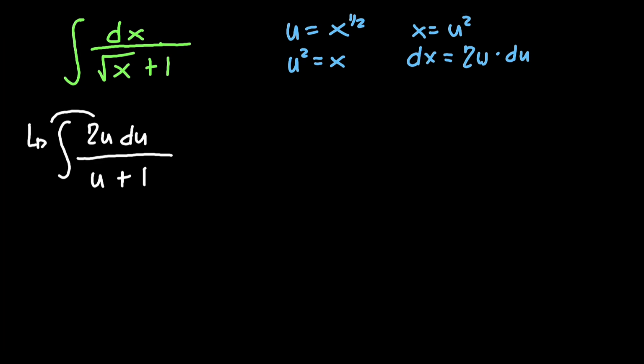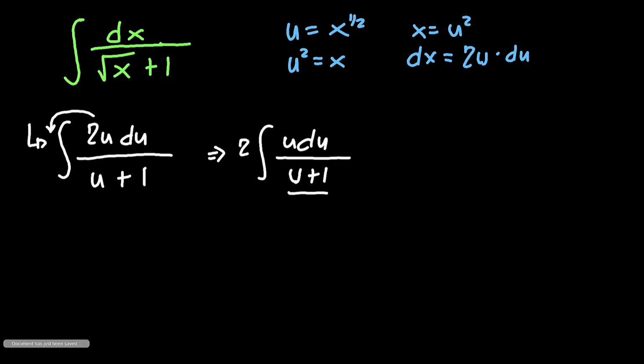First, let us put 2 outside the integral. So it would become 2 the integral of u du over u plus 1. And so, we cannot factor u plus 1 here in order to cancel u there. And so, what we're going to do is to divide it. So, u plus 1 divided into u, which is the upper.